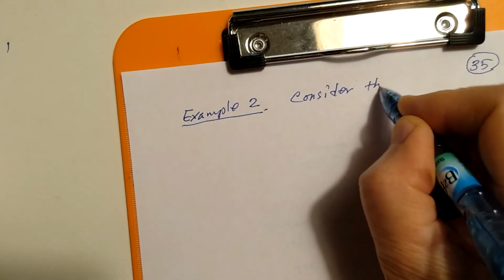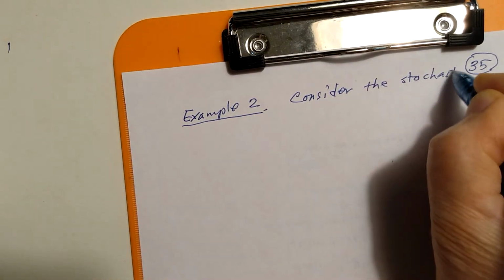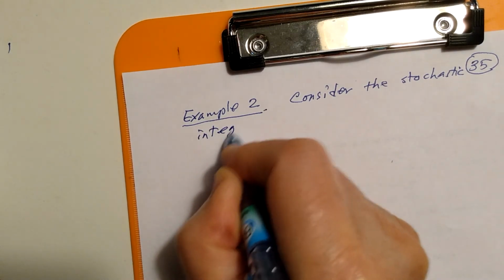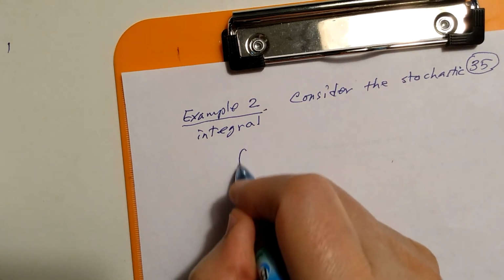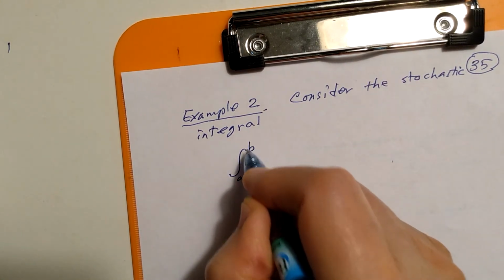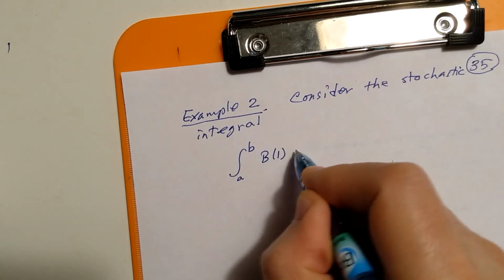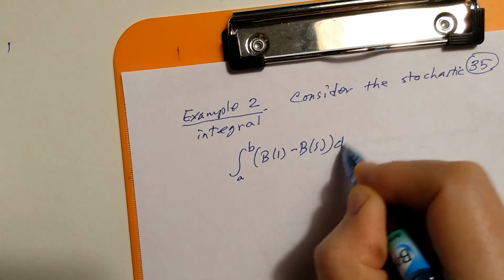Consider the stochastic integral from A to B of (B1 minus Bs) dBs.